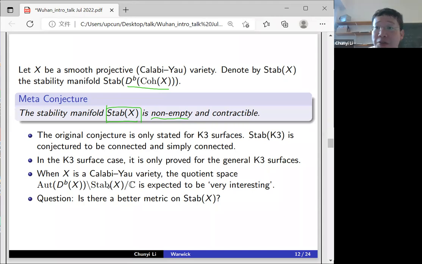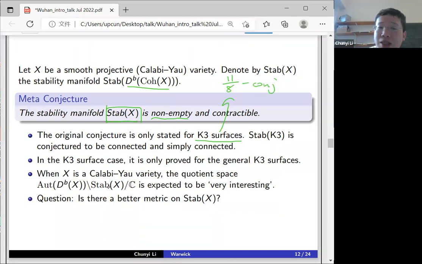The most interesting case is when X is so-called Calabi-Yau, namely the canonical divisor is trivial. Originally, about 15 years ago, the conjecture was only made for K3 surfaces. I hope you know what it is. It's a four-fold, and I think most of you may be familiar with it because of the 11/8 conjecture.